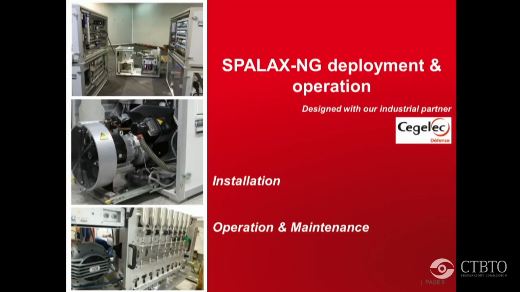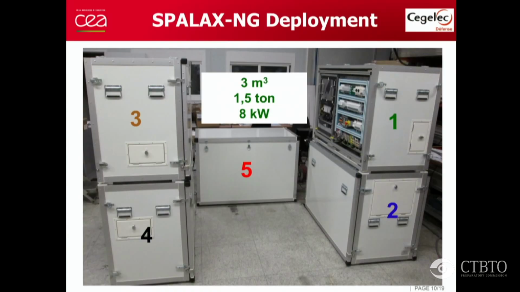So I come now more to the design, and I would like to say that the design has been made with our industrial partner, Cegelec Défense. It was really important for us to have a new shape of system to make the operation and maintenance as easy as possible, and to improve also the way to install the system.